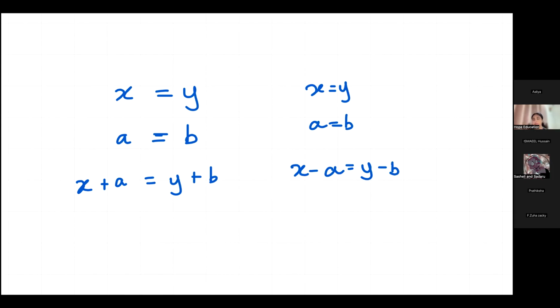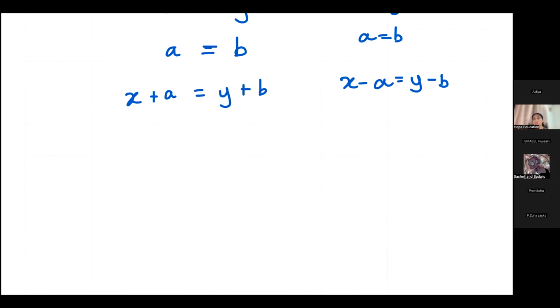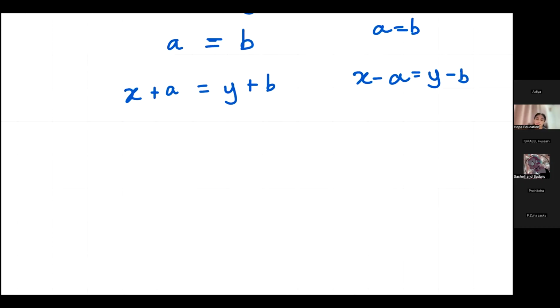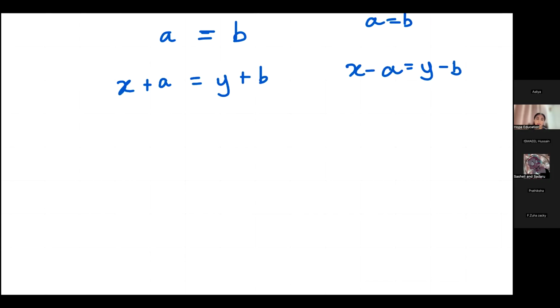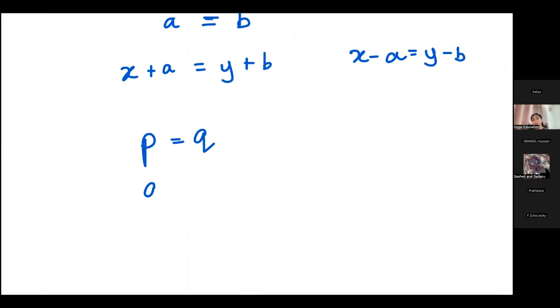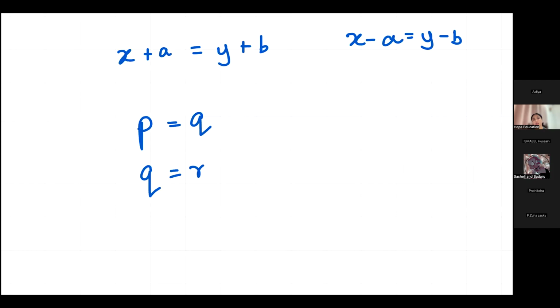Is this clear? Yes. In the same way, multiplication and division also give the same. And also if you take something like this, let's take some other letters. Let's say P is equal to Q. Q is equal to R. Then what about P and R? Are they equal?